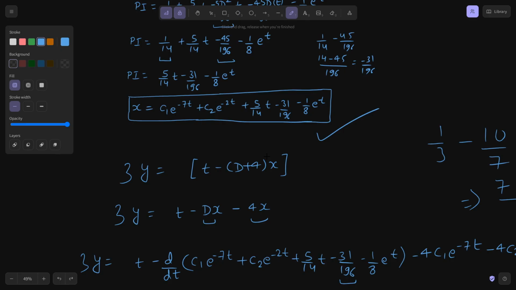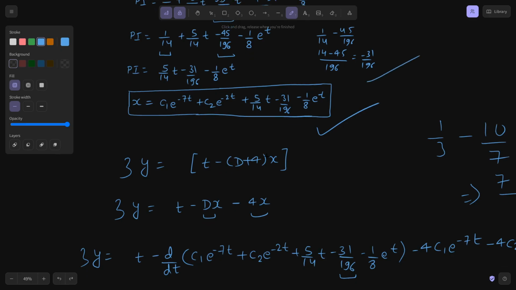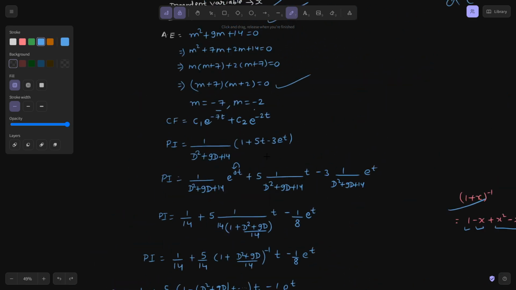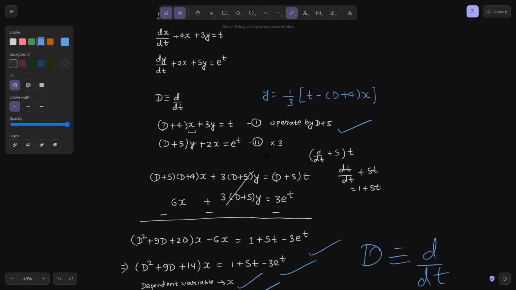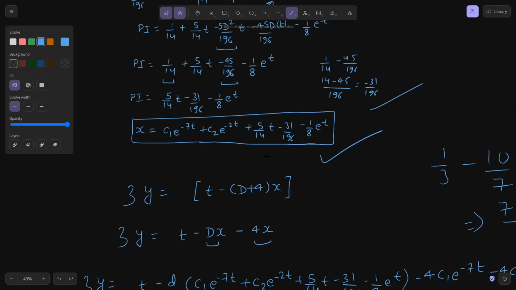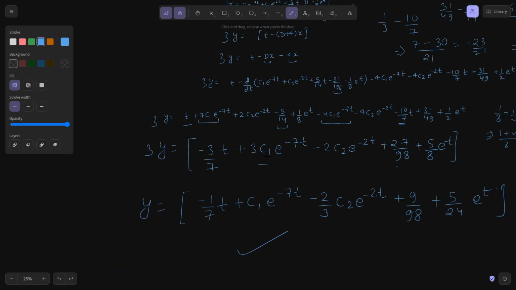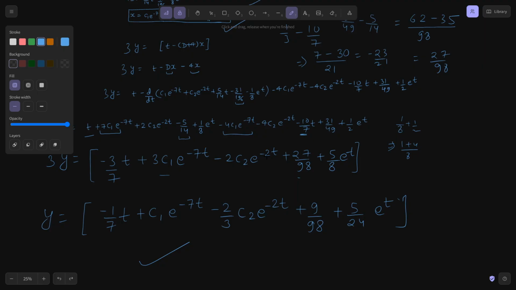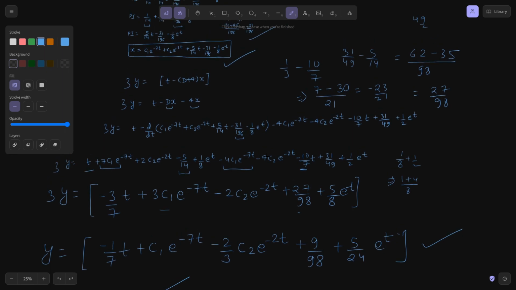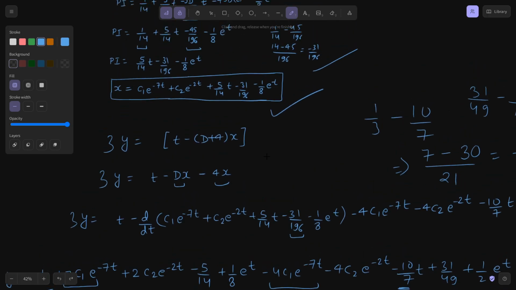There also I was stuck a bit in calculation. Then we went back to the first equation, and from there y was this. Better take 3y, and then later divide by 3 on both sides because the calculation will be easier. In the last stage, we simply use that equation, as you can see here.